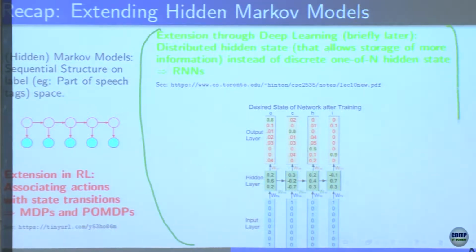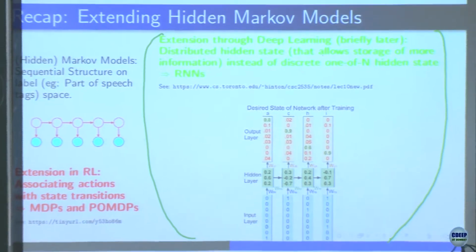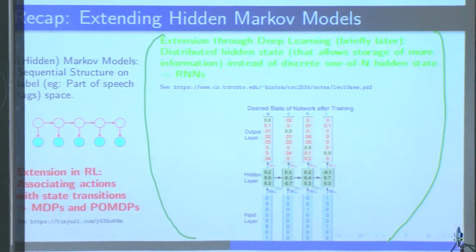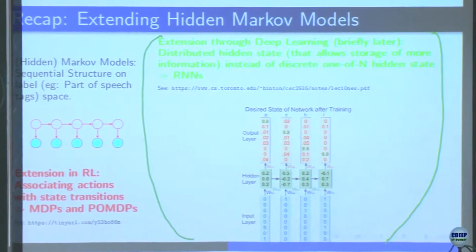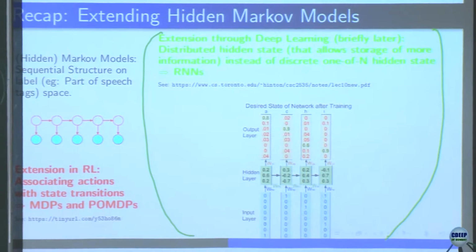Imagine that you allowed, instead of one of n part of speech tags in the part of speech tagging example of a hidden Markov model, a distributed hidden state which allowed storage of more information.